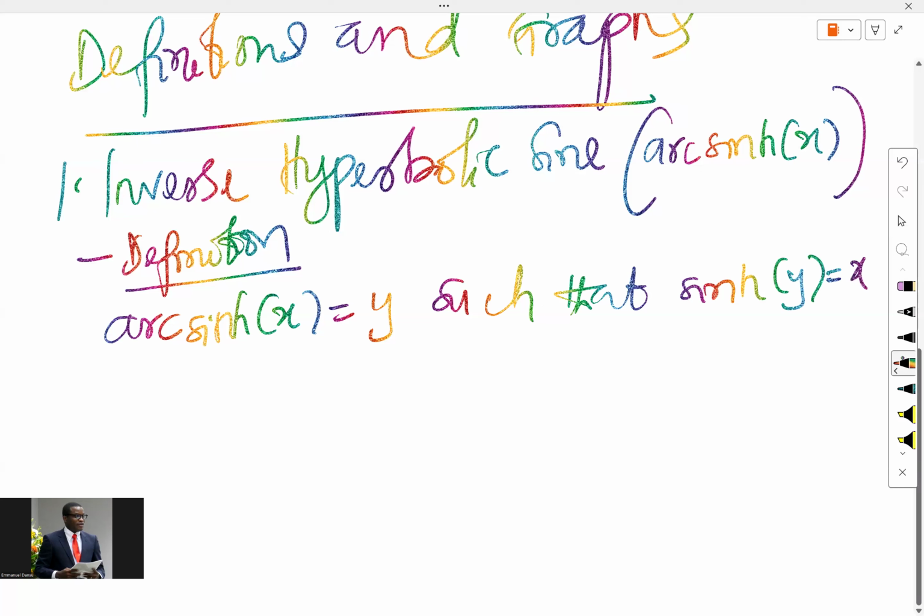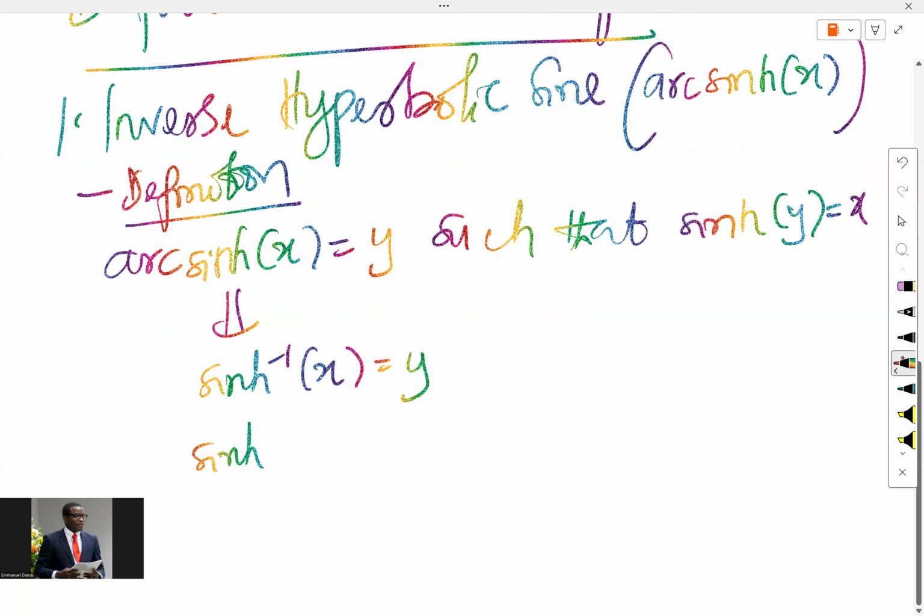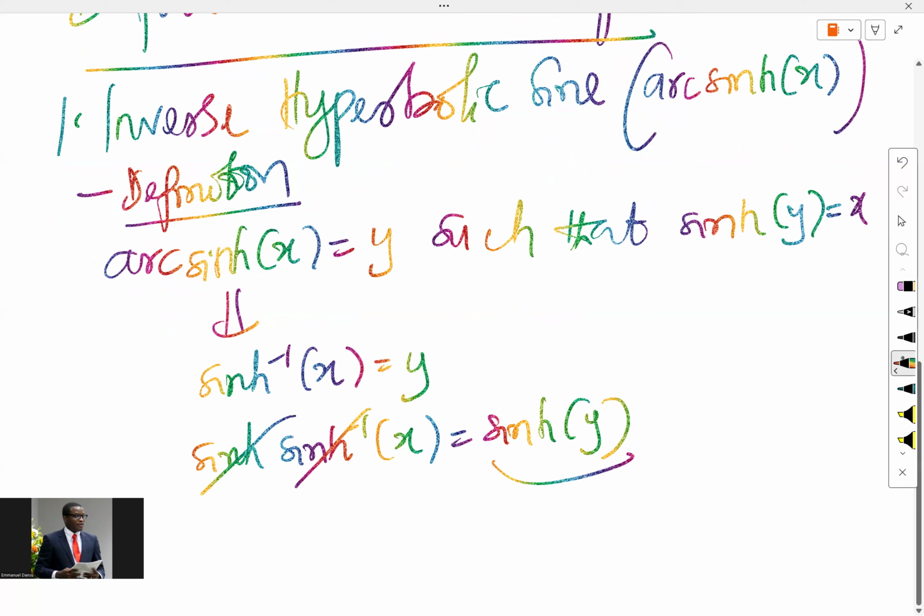I mean, that makes common sense because from here, this is sinh, arcsinh x is equal to y. So if you take the sinh of both sides, you have sinh of arcsinh of x equals sinh of y. So this cancels out, and at the end of the day, sinh y is simply equal to the x that is left here.